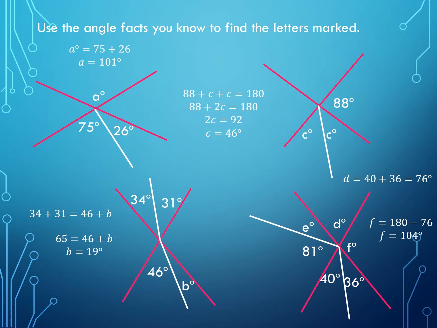Finally, I can look at the section on the left-hand side where E and 81 is. Well, I know that E plus 81 needs to equal F, and I know that F now is 104. So 81 plus E equals 104. To work that out, I can do 104 minus 81, and that gives me my missing 23 degrees from the picture.